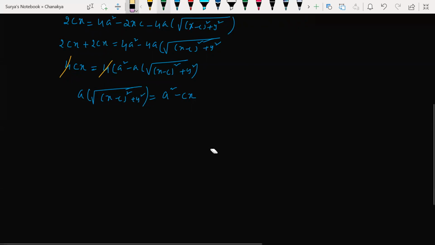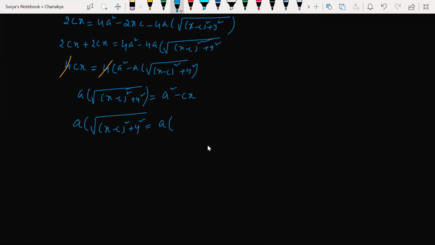Why should I take a common here? Let me take a common from this term. If I take a common, I can cancel on either of the sides, right? Look at this. Both sides I can cancel the a square value. So taking a common, a minus cx by a, correct? So I can cancel a and a here, right? Yes or no?